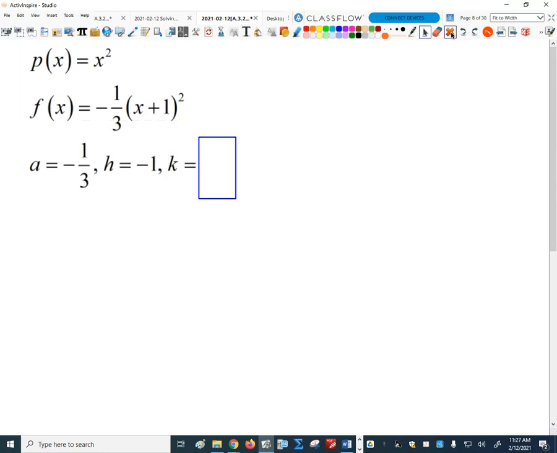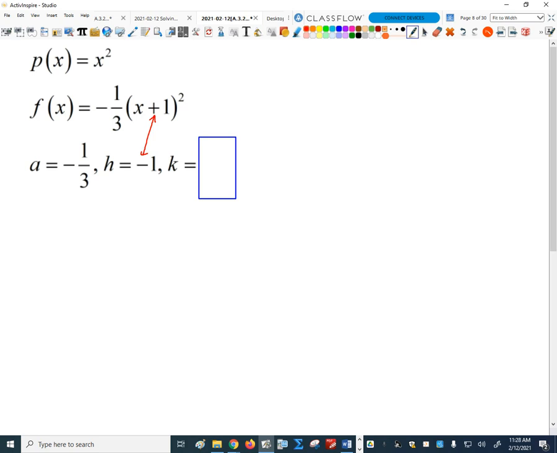There you go, right? And again, h is going to be the opposite sign of the operation that's connecting the x and the 1. If it's an x plus 1, then h must be a negative 1 because it's the number that's being subtracted from x, right? That's the tricky one.